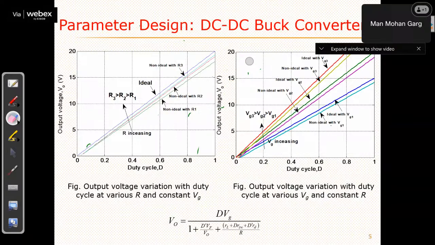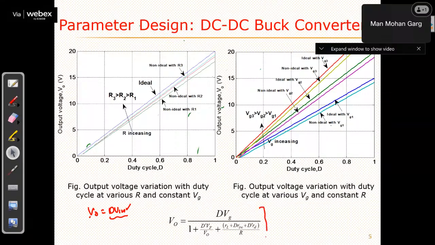So if you see here, we have shown these graphs, duty cycle versus output voltage. So normally output voltage V naught is D into V. It is nowhere having resistance in this expression, so it should be independent of the resistance.